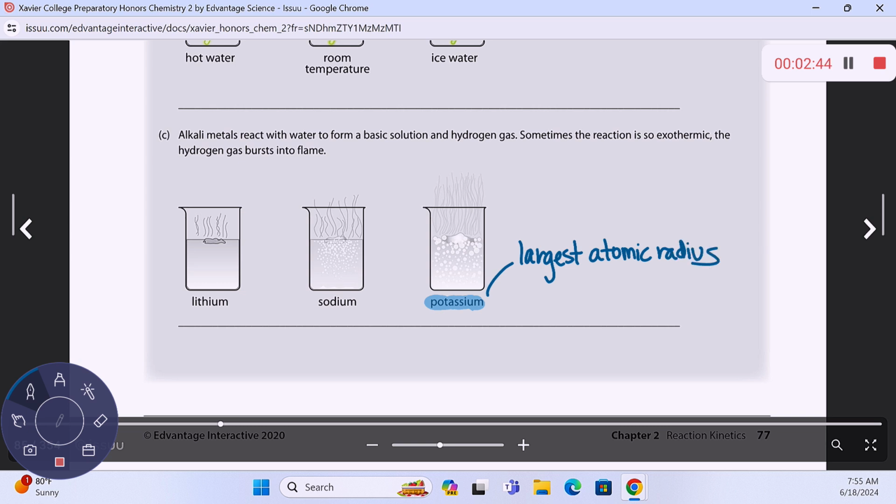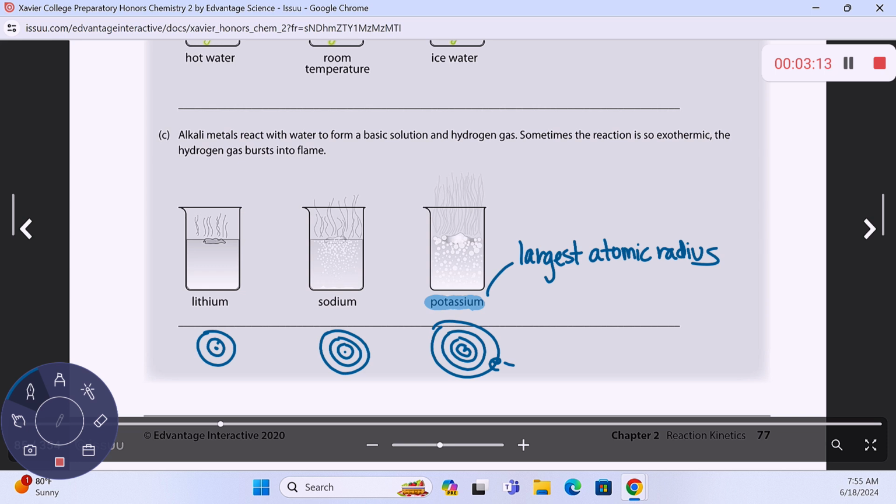So if you were looking at lithium, lithium has got N equals 1, N equals 2. Sodium has got N equals 1, 2, 3. Potassium has got 1, 2, 3, 4. What does that tell you about the electron in the valence shell? Is it feeling the nuclear charge very well? No. Okay.